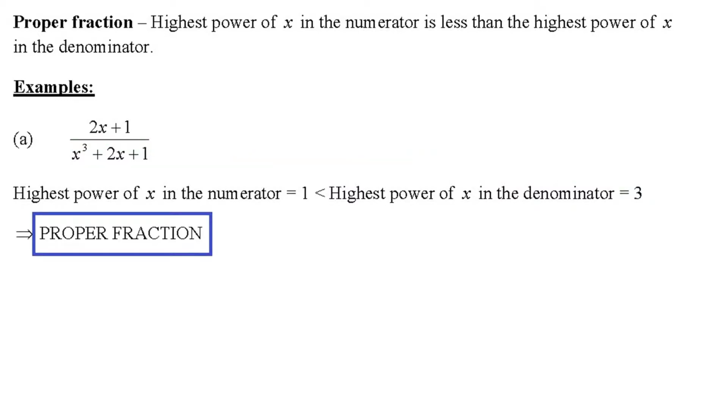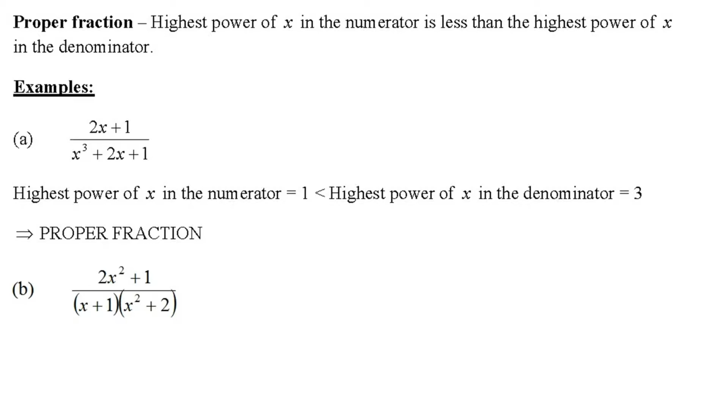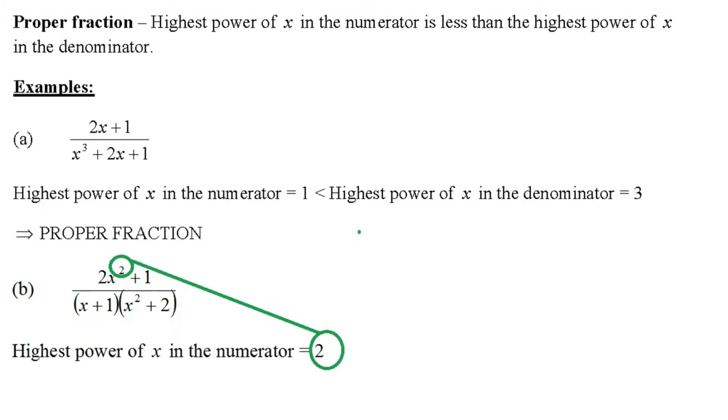Okay, let's have a look at another example just to make sure that we understand. I have this example, 2x squared plus 1 over x plus 1 multiplied by x squared plus 2. Now you can observe that the highest power of x in the numerator is 2, so I've highlighted that in green. As far as the denominator is concerned, if you multiply the x plus 1 by the x squared plus 2, you're going to have a cubic term.